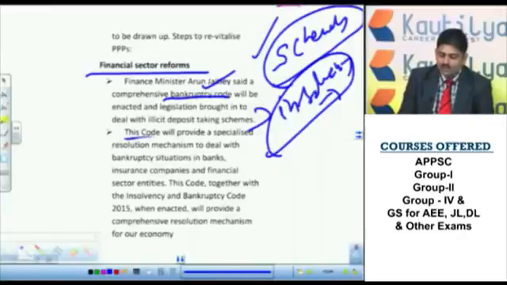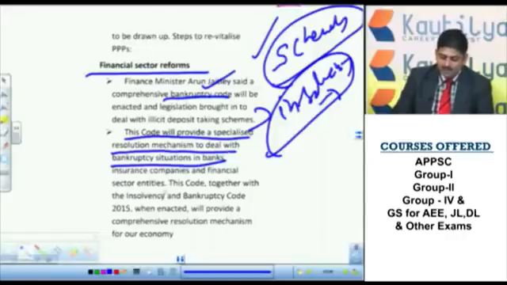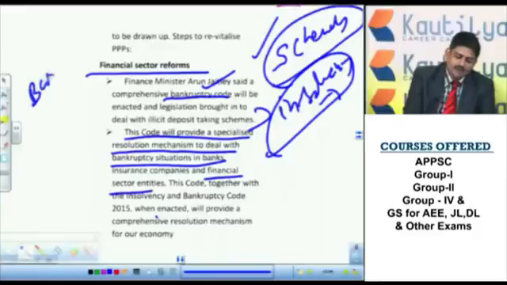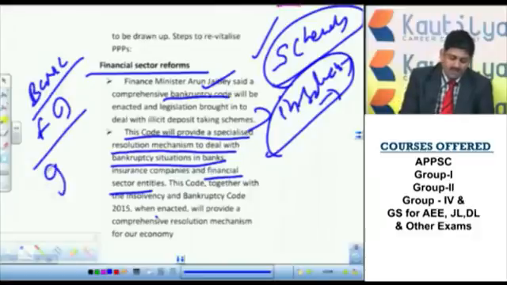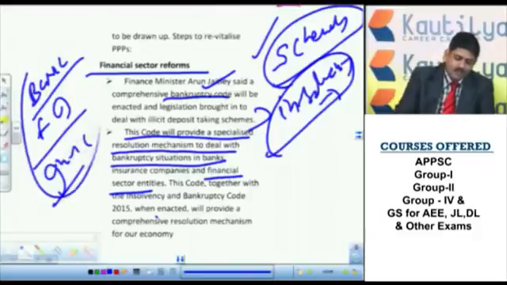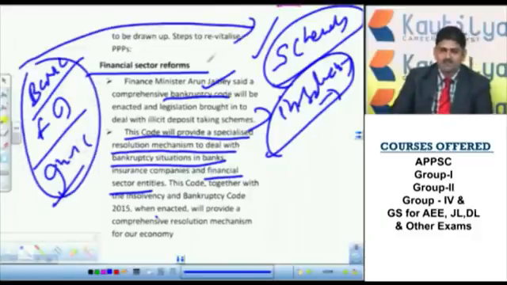So what will this code do? This code provides a specialized resolution mechanism to deal with bankruptcy solutions in banks, insurance companies, financial sector entities. So it may be a bank that declares insolvency, or any financial institute, or even any insurance company. So the common man needs protection from this.